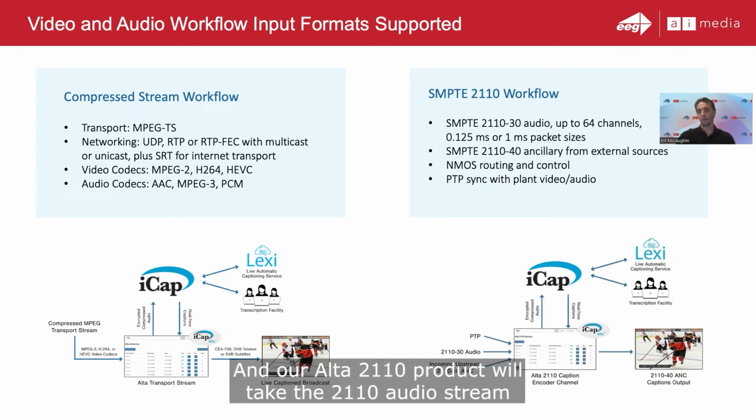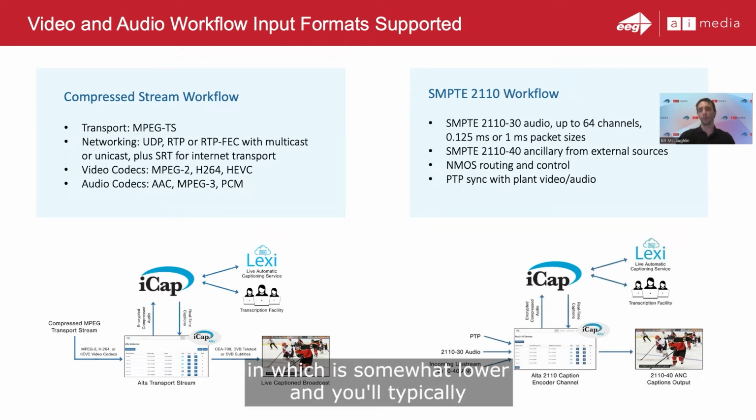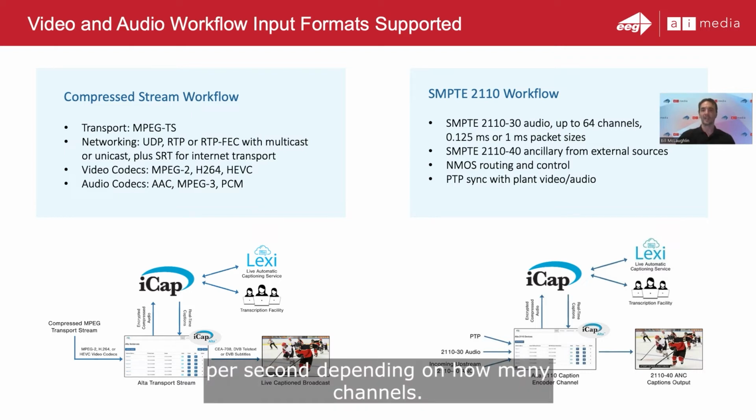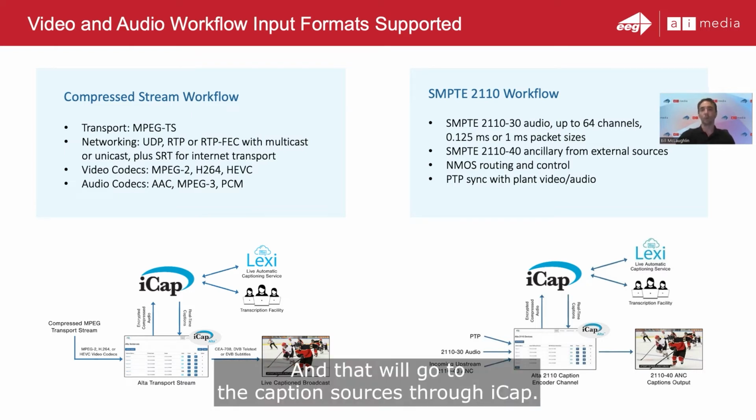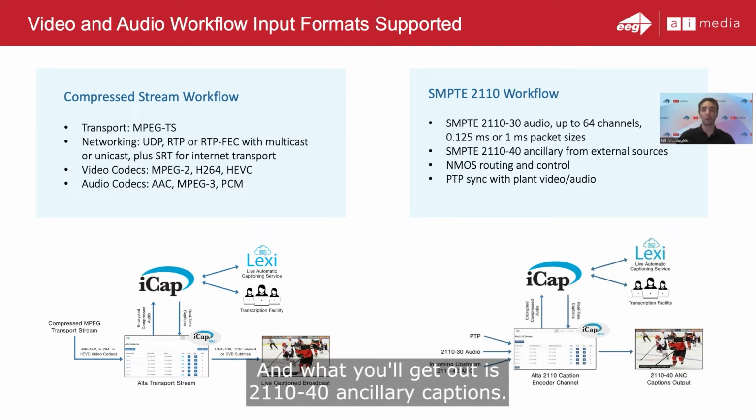And our Alta 2110 product will take the 2110 audio stream in, which is somewhat lower bandwidth. You'll typically be looking at something like 5 to 10 megabits per second, depending on how many channels. And that will go to the caption sources through ICAP. And what you'll get out is 2110-40 ancillary captions.